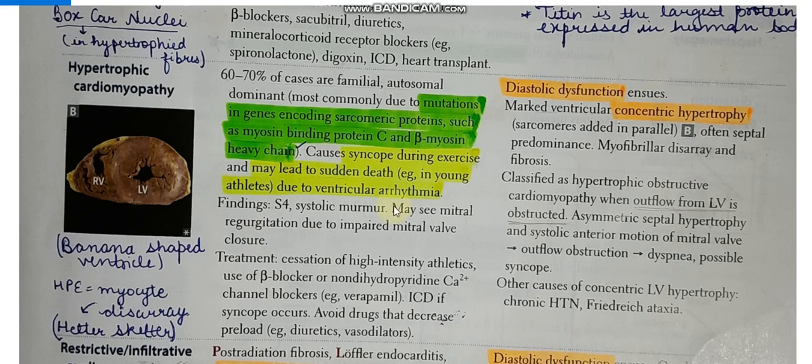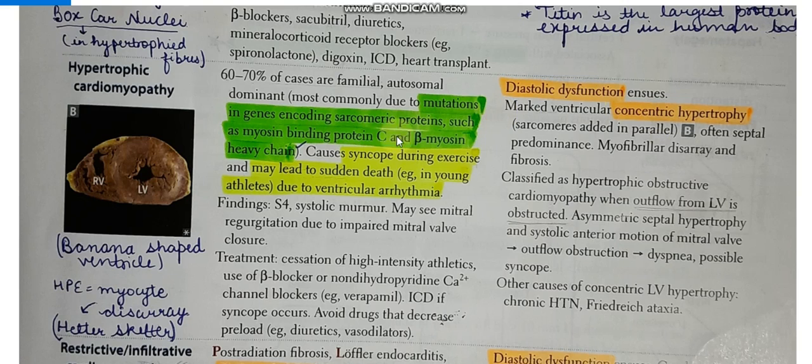Now, it is a diastolic dysfunction because there is increased power. It cannot actually dilate properly, it cannot relax itself, so it is a diastolic dysfunction. And the hypertrophy is concentric.